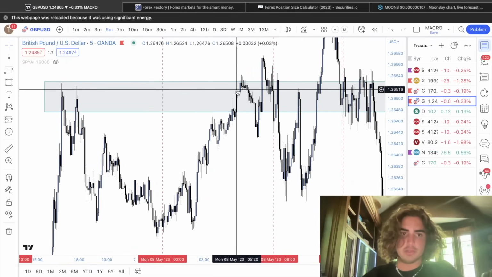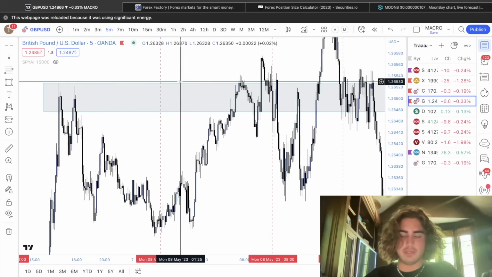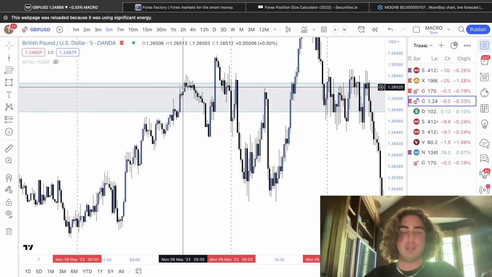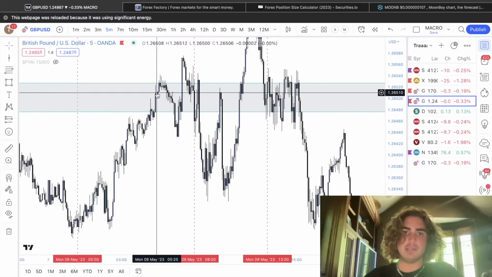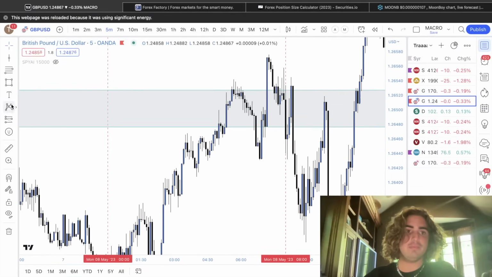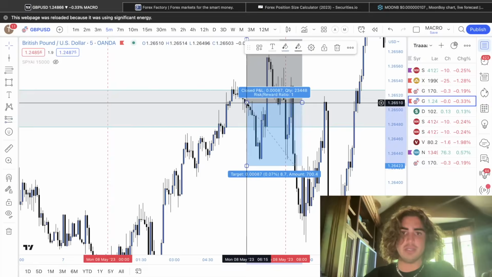Again, this would have been a losing trade, but still something to learn from this. So here, just showing the reactions off of these areas. Here we get Asian session rally up into these New York highs. We get a break of structure. Honestly, you could have hit at least one take profit on this, because you're entering right here.